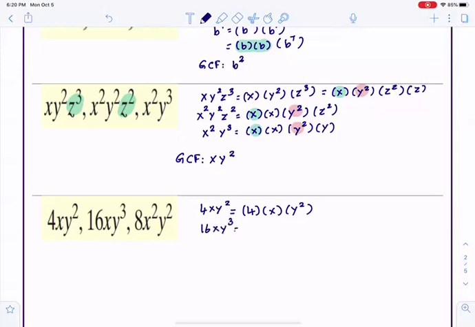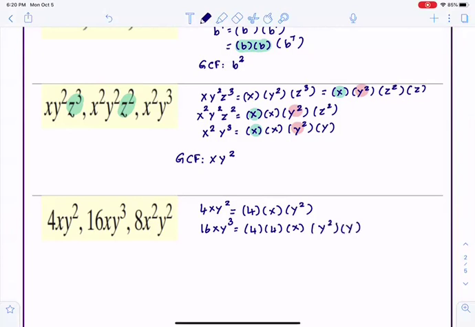16xy cubed. I would like to write 16 in terms of the smaller number, which in this case is 4. I could write it as 4 times 4 and x. Y cubed: 3 is a bigger exponent compared to 2, so I could write y cubed as y squared times y.